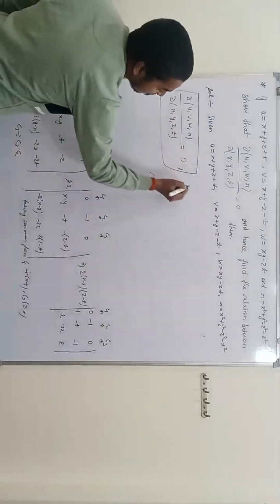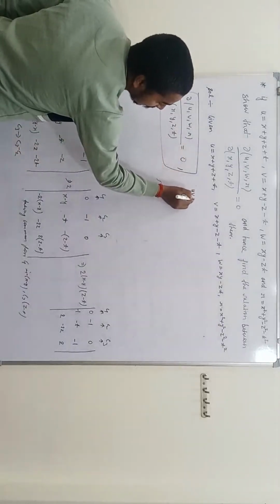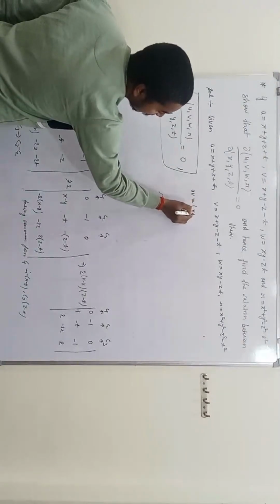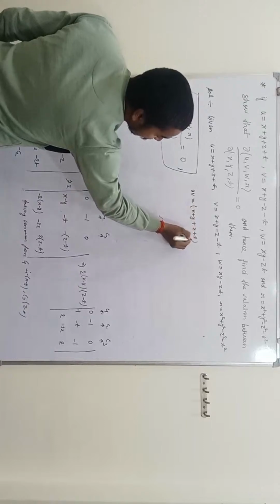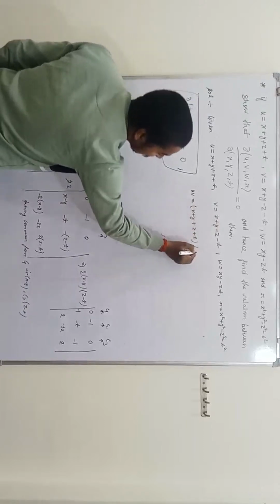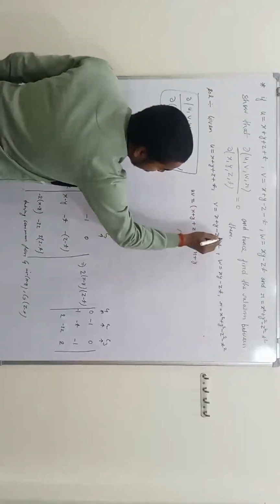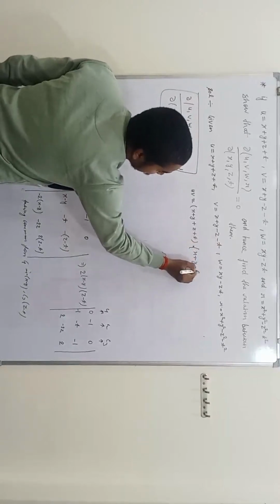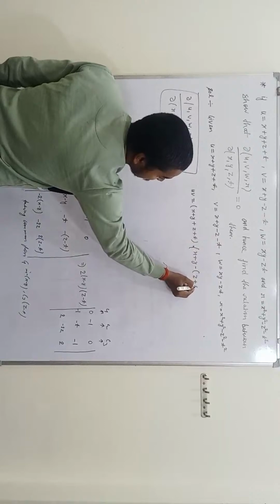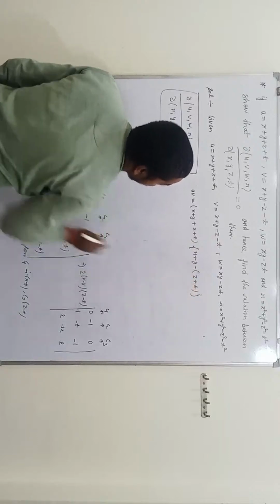We have to write u into v, that is x plus y plus z plus t, and v is x plus y, and taking minus common once again, z plus t.